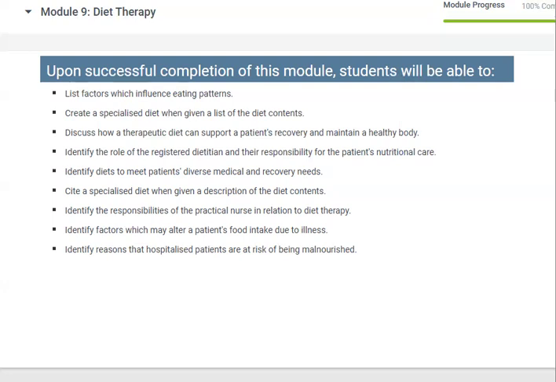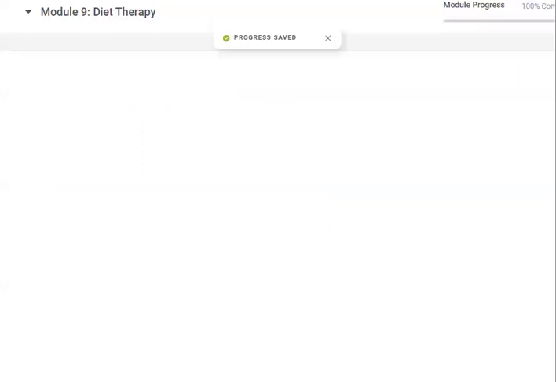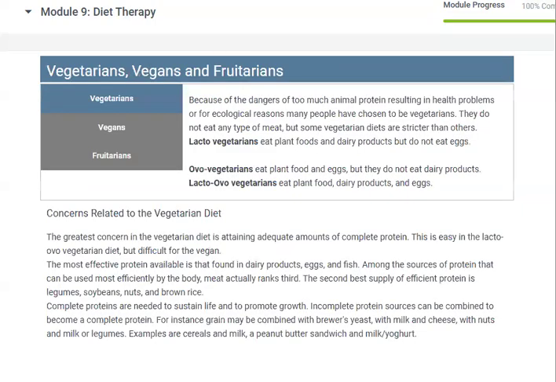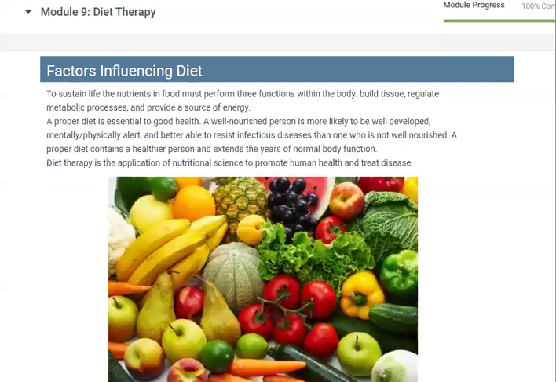Factors influencing diet. To sustain life, the nutrients in food must perform 3 functions within the body: build tissue, regulate metabolic processes, and provide a source of energy. A proper diet is essential to good health.